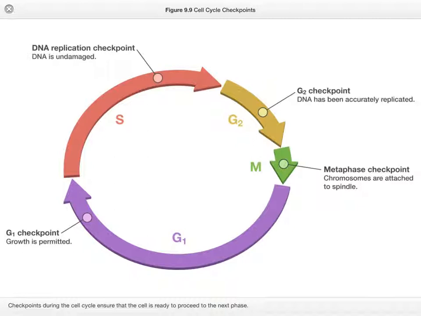S is to make sure that the DNA is good, like there's nothing wrong with it. If there is something wrong, either it gets fixed, that's one option, or the cell is scheduled to die. That's what apoptosis is.